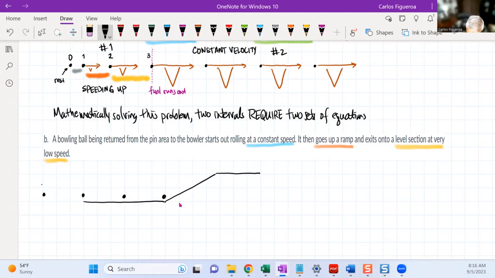This is where I'm going to call my 0, but the ball's already moving at constant velocity, but I need the previous interval to tell me what's happening to the ball, the speed at 0.1.